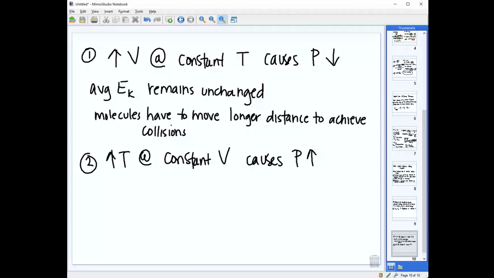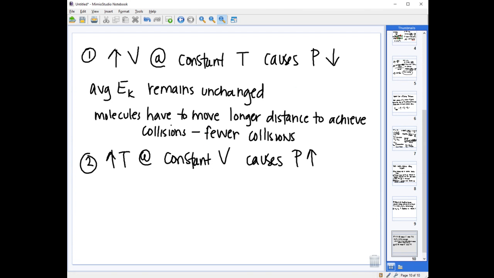So if we increase volume, even though our speed has not changed, our pressure decreases because now our gas molecules have to move further. And we saw this in our little mosh pit example, that when we made the rope area larger, we had less collisions. And when you have less collisions, you have less pressure. So this explains Boyle's law.